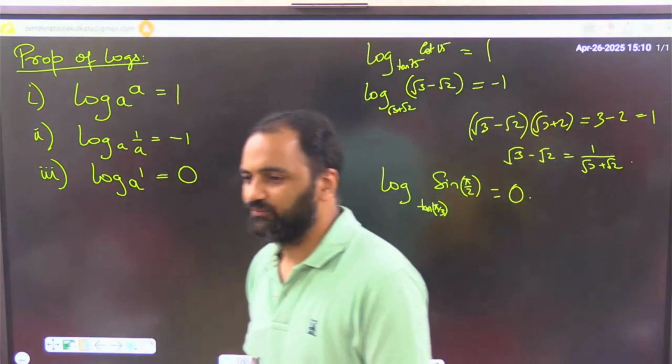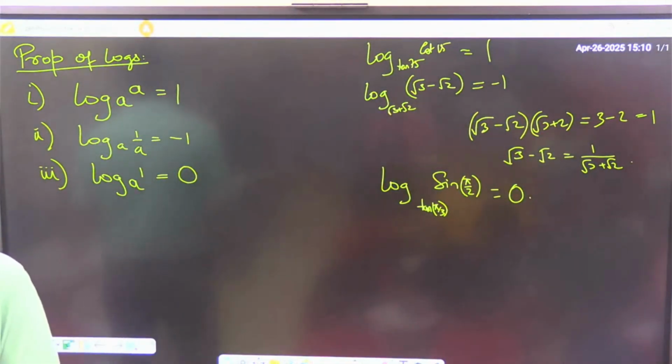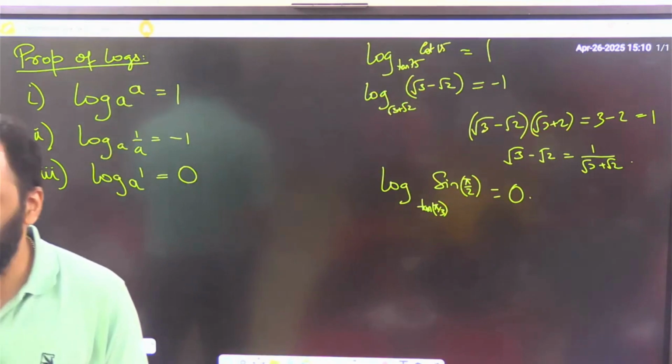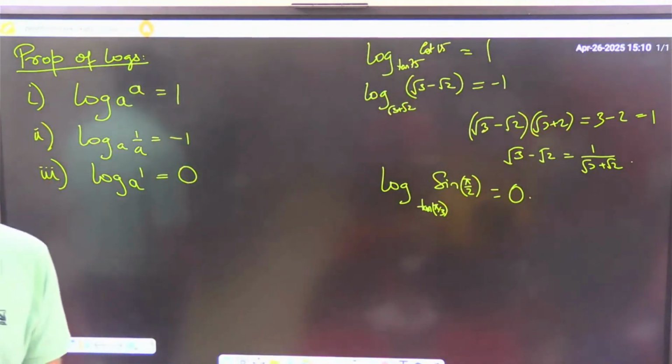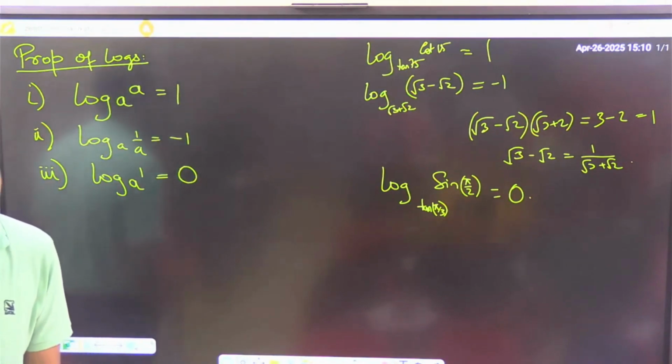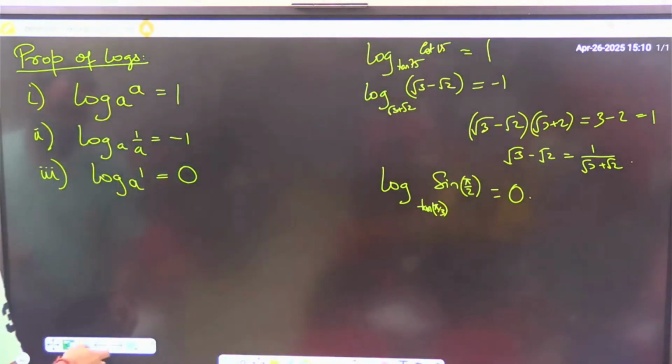Why so? How much is pi by 2? 90 degrees. Sin 90 is 1. Log 1 is always 0. Is that comfortable here? Yes? Okay. Moving on.